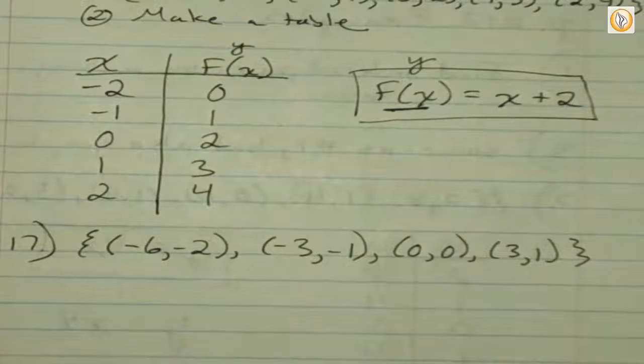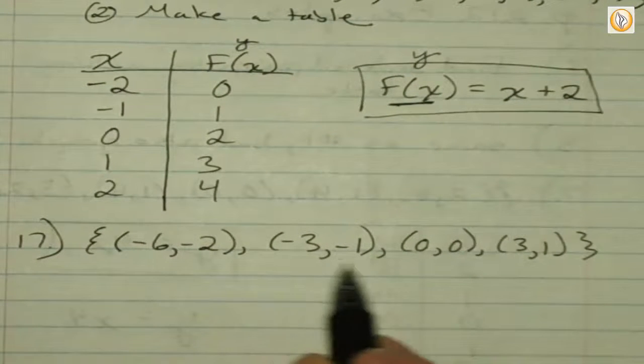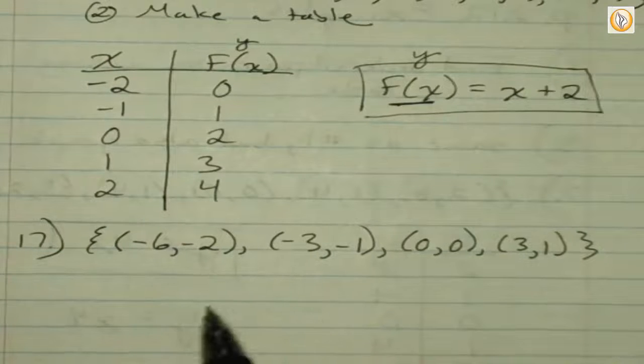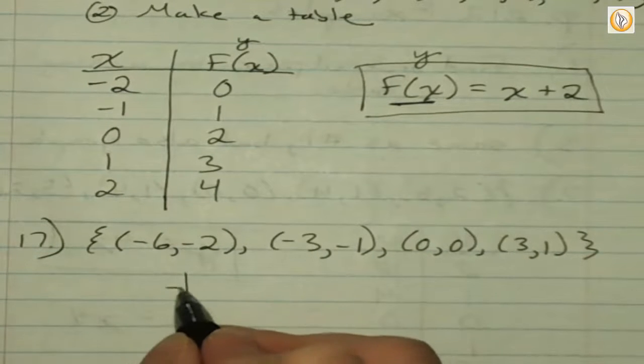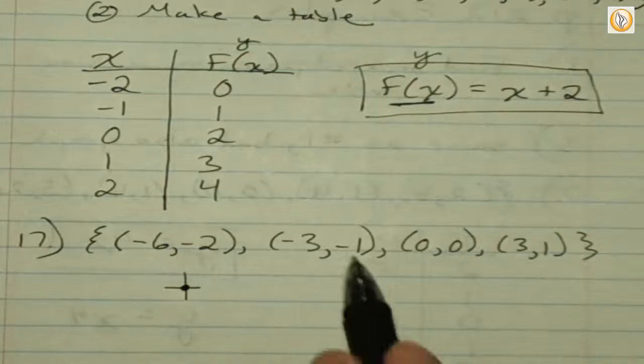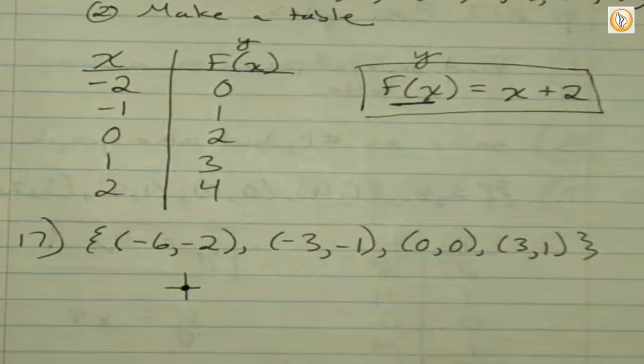Then you do the same thing, make a table. On 17, you look at that line and choose ordered pairs right there at the intersection, list them, make the table, and figure it out. Any questions?